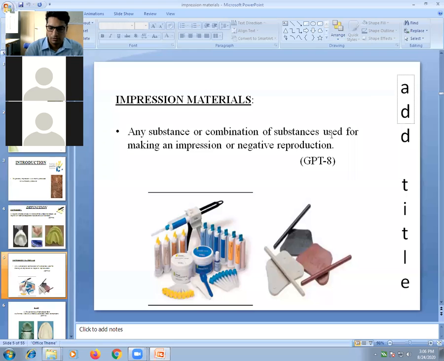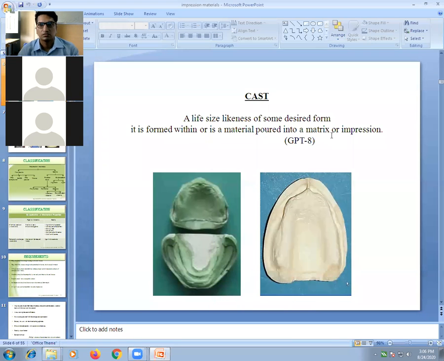Then cast. As you all have seen in your first year, these are the edentulous casts. A cast is a life-size likeness of a desired form in a material, poured in a matrix or impression. An impression is a negative likeness, whereas a cast is a positive likeness.